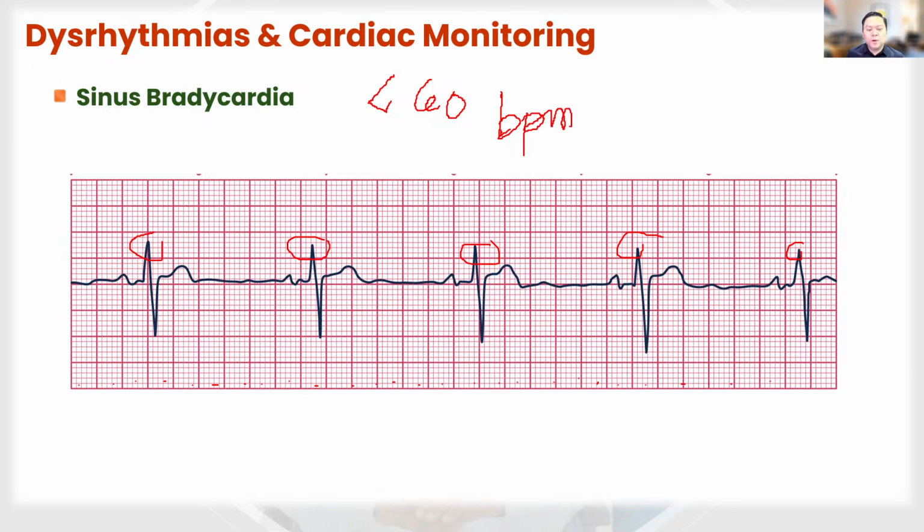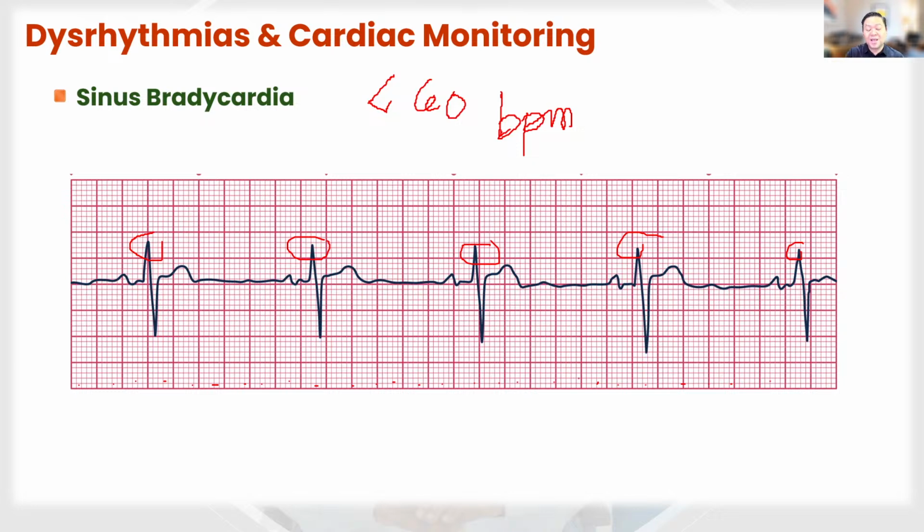Now, when you are looking into this patient, probably some of them are complaining that they are lightheaded, and some of these patients are probably asymptomatic, and some will be symptomatic. And so if they are symptomatic, let's say they are lightheaded, maybe they're getting nauseous, or they feel like they're about to fall, then we need to address the underlying cause.